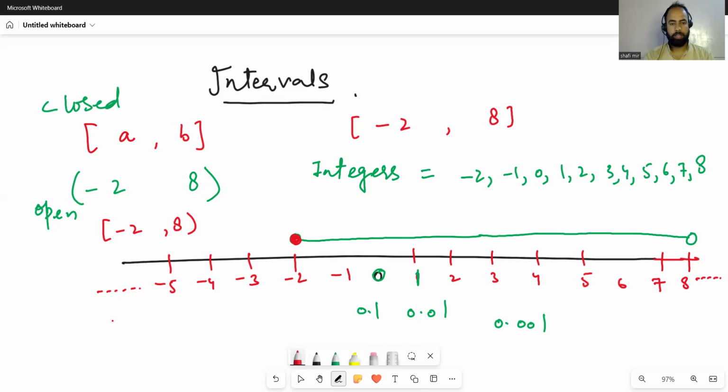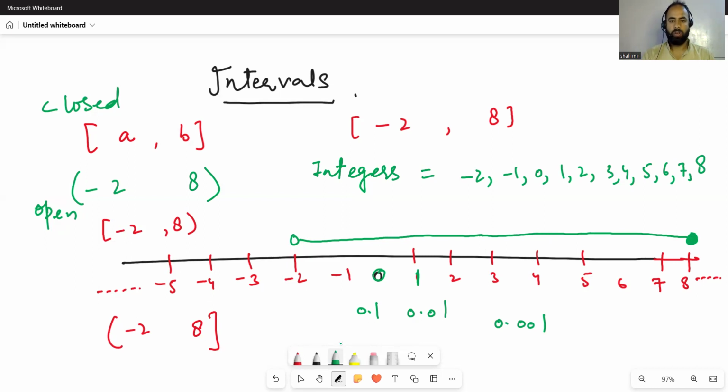Or it may be the other way around: 8 is included and minus 2 is excluded. So this is how we represent intervals. This is also very helpful when we have to represent numbers from a certain number to another number, or show a range of real numbers when representing numbers in sets. Got it?